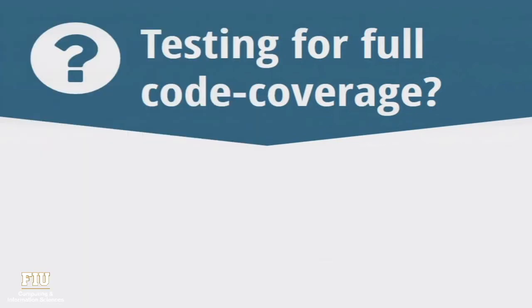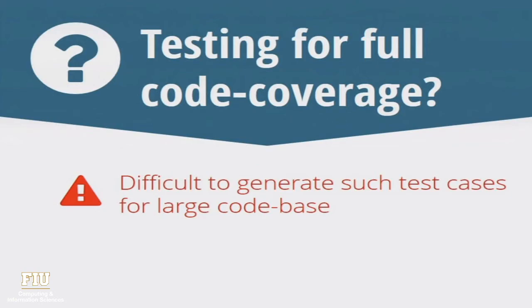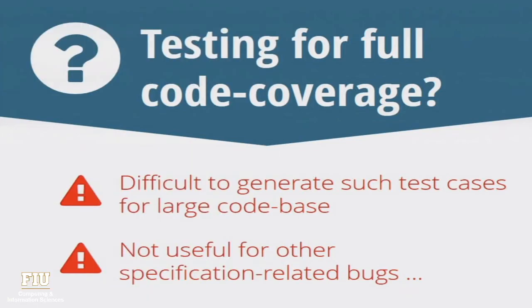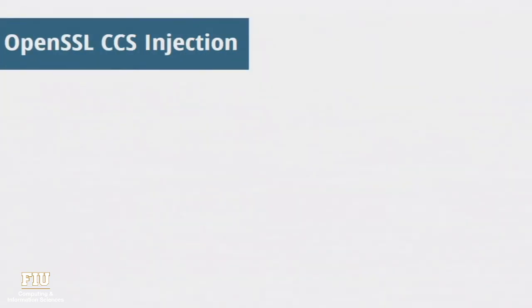It turns out that it's even difficult to generate such test cases for a large code base like the TLS protocols. And even if we have these test cases, this technique might not be useful for other specification bugs. For example, one in OpenSSL: CCS injection.